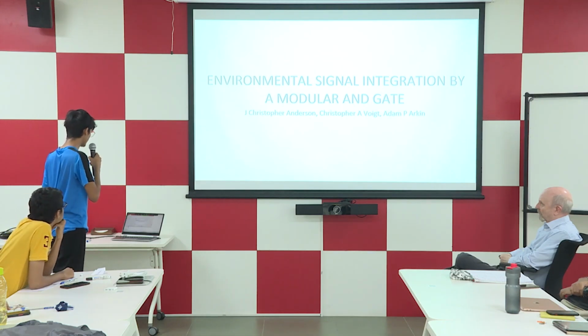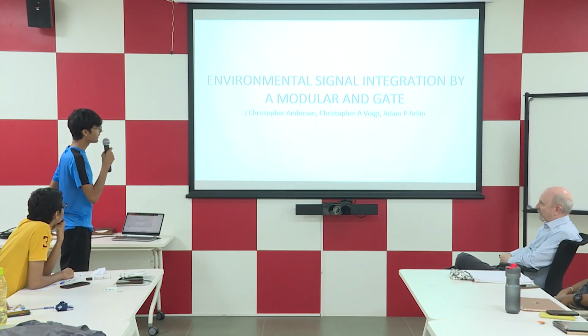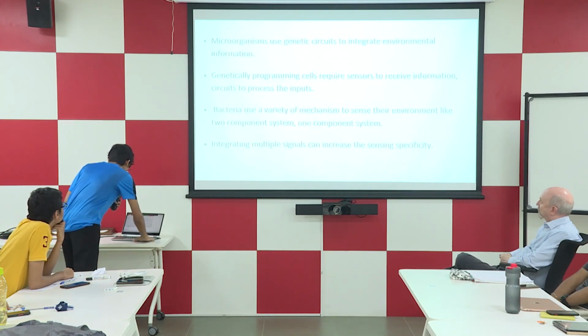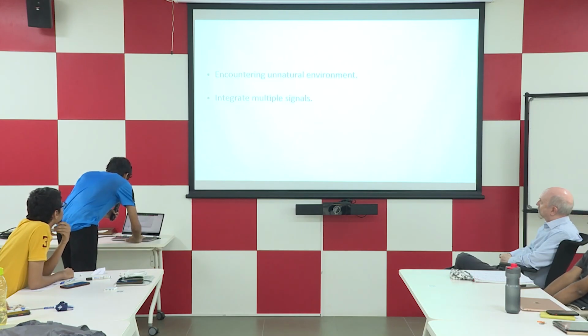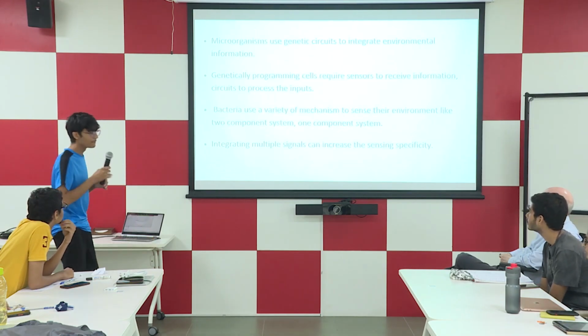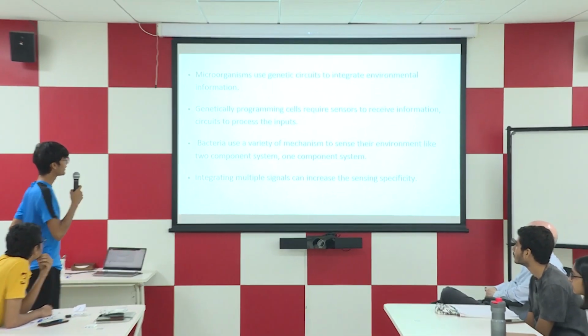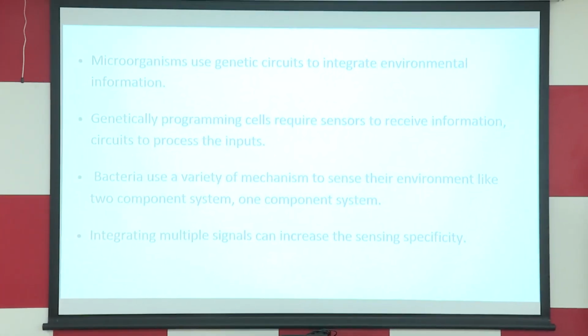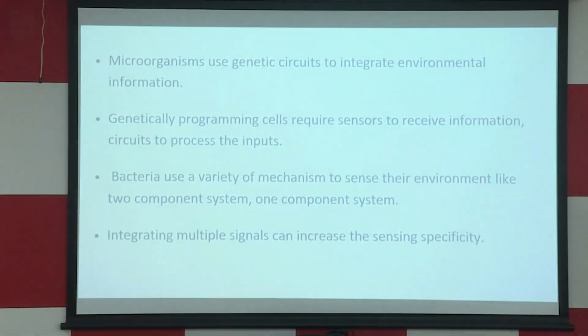This is a paper on environmental signal integration by a modular AND gate. Microorganisms use genetic circuits to integrate environmental signals, and they need sensors to get the inputs for that.